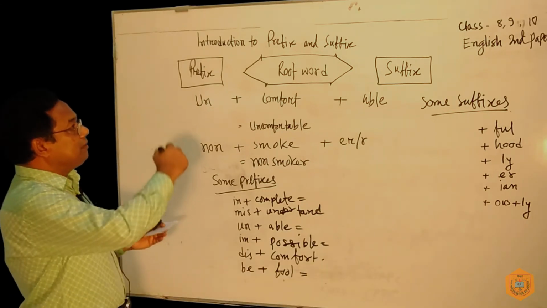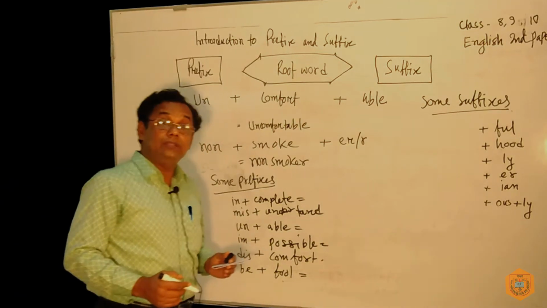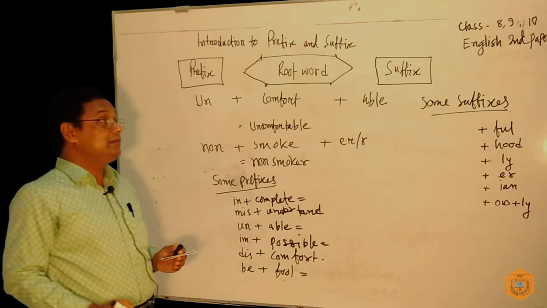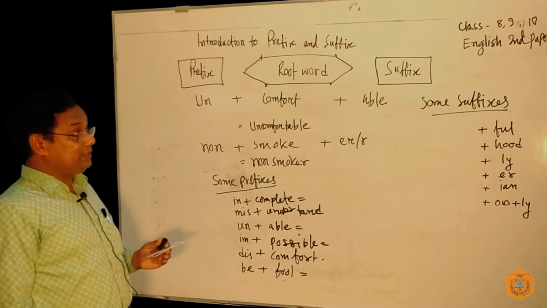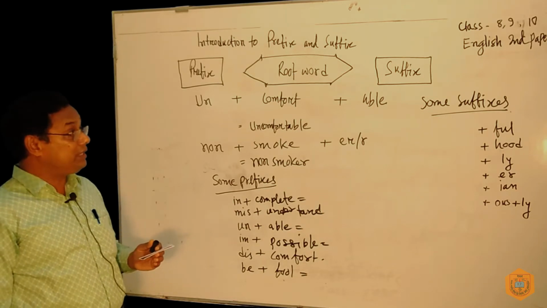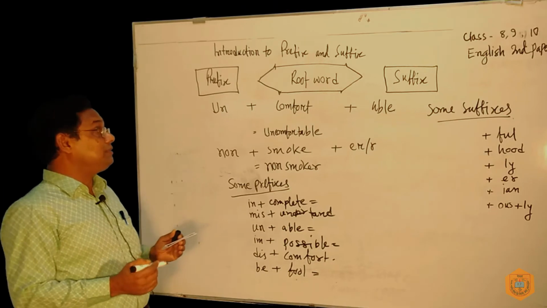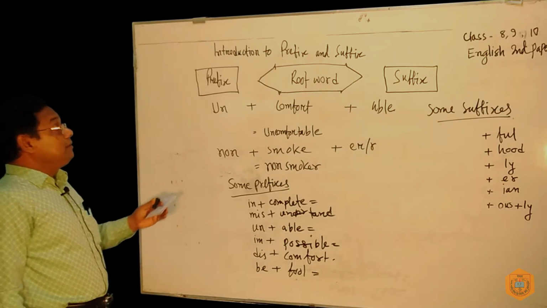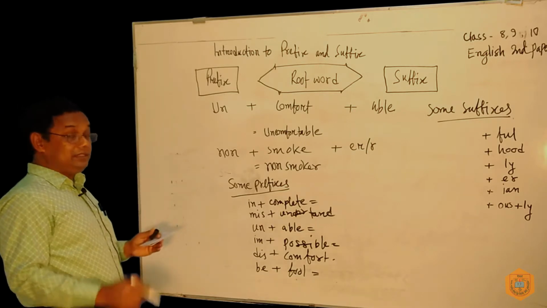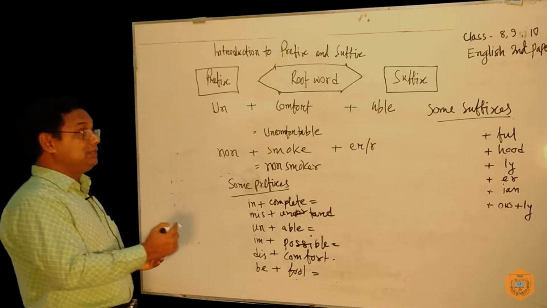And on the right hand, now I will talk about suffixes. Now a question may arise, what is a suffix? A suffix is a word or a group of words fixed after a root word to make a new word. We can say that suffix is used after a root word and prefix is used before a root word.